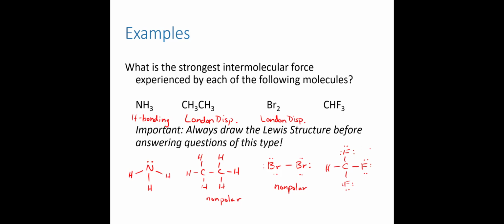Okay. So we have a central atom here, which is bonded to 3 fluorines and a hydrogen. There is a fluorine and there is a hydrogen, but the hydrogen is bonded to carbon. So this cannot hydrogen bond. The hydrogen must be on a fluorine, oxygen, or nitrogen. So no hydrogen bonding. Is there a dipole moment?